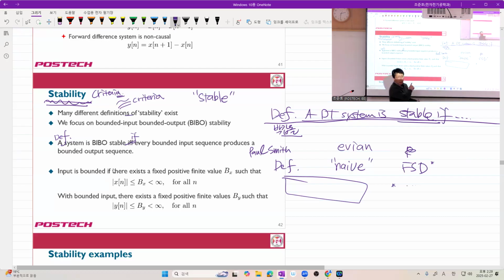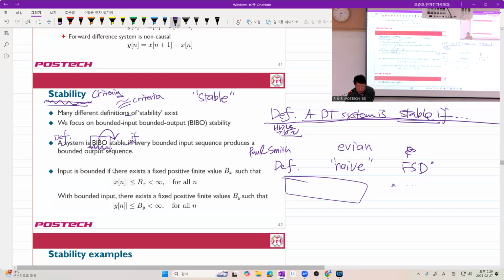So be careful. Anyway, here in the introduction to DSP, we use so-called bounded input, bounded output stability. Sometimes we simply drop that and say the system is stable. And what does that mean? As this quantifier implies, a bounded input signal always generates a bounded output signal. If this condition is met, then we call the system a BIBO stable, bounded input, bounded output stable system.